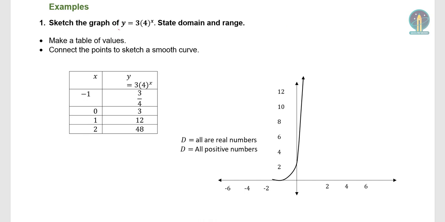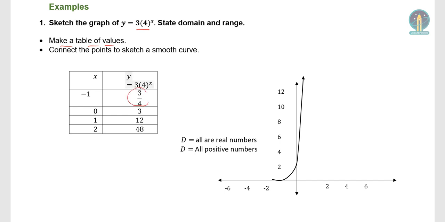Sketch the graph of y equals 3 times 4 to the x power. State the domain and range. So make a table of values, right? So y equals 3 times 4 to the x. For x at minus 1, we get 3 times 4 to the minus 1, which is 3 over 4, so 3/4.